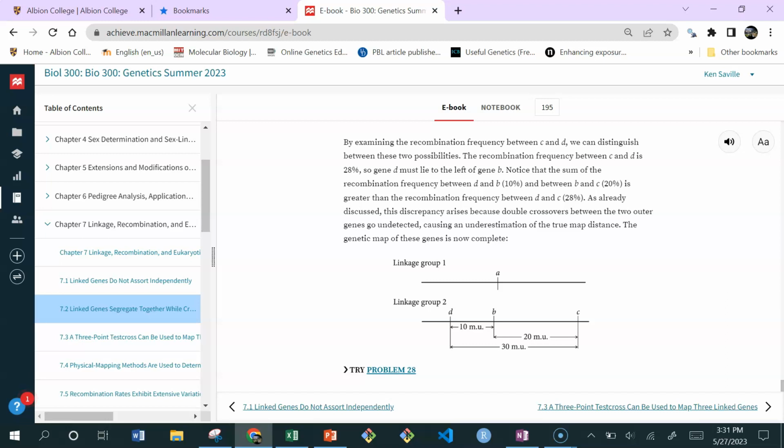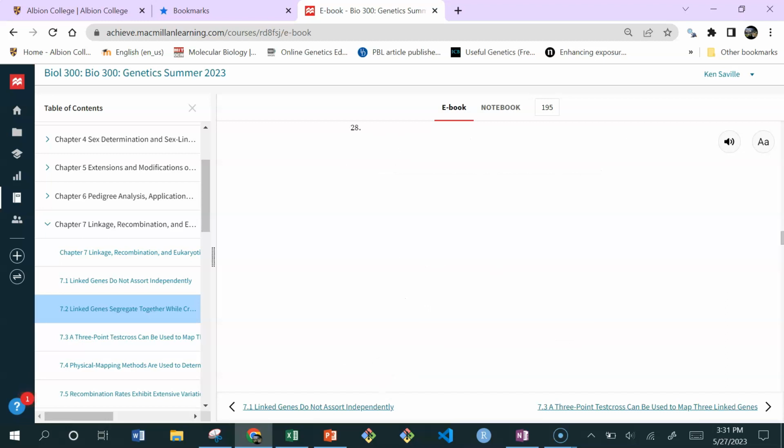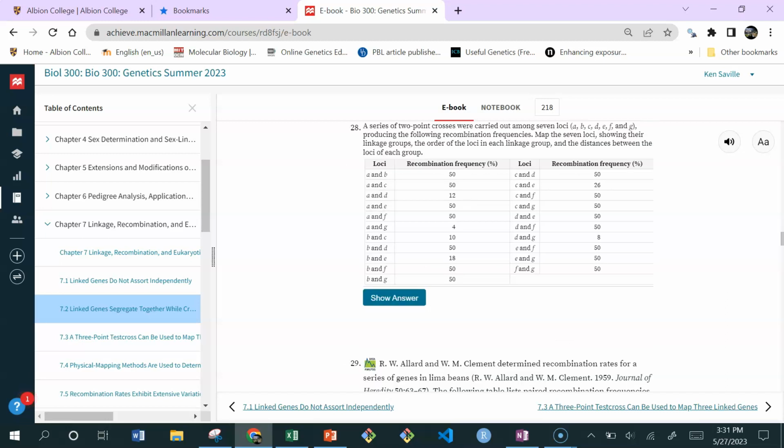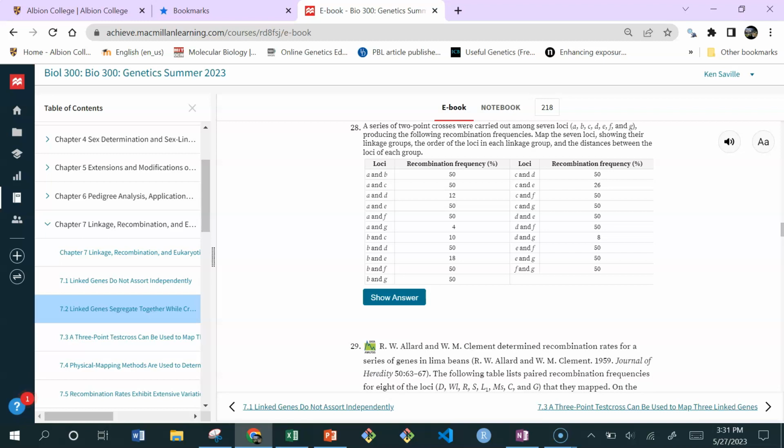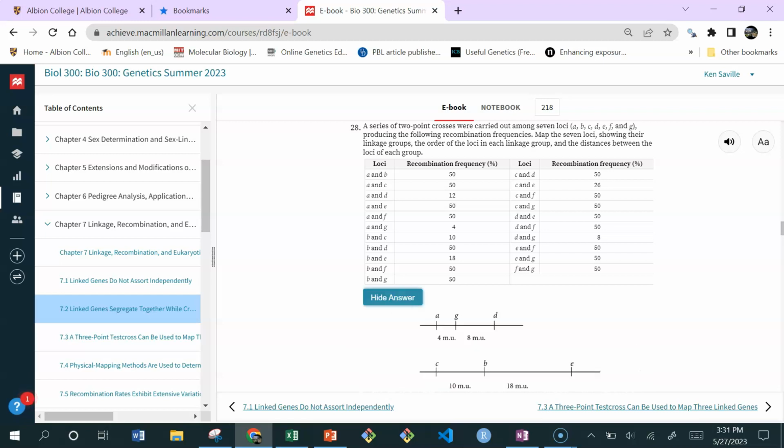Way down here, so every now and then you'll see this: try problem 28. So click on that, and it'll show you a problem, and then it'll show you the answer.